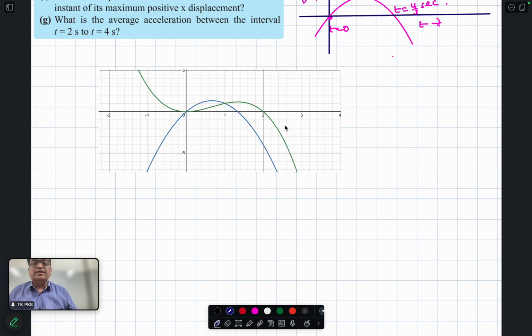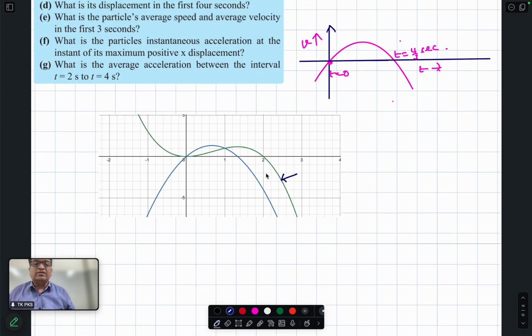Remember, in this graph the green color line represents x. The blue color line represents v.